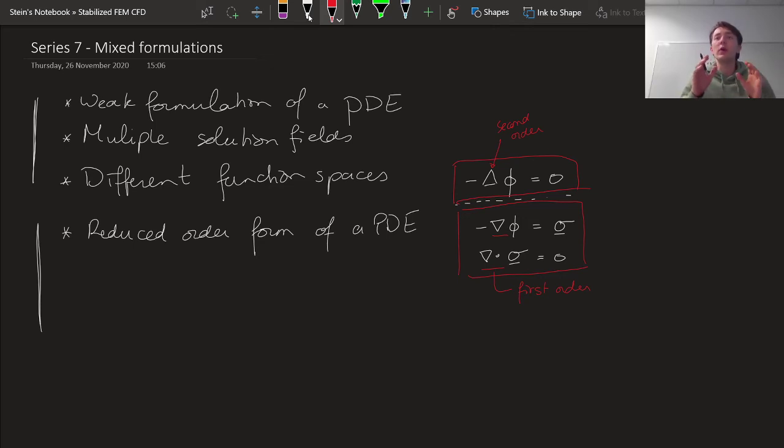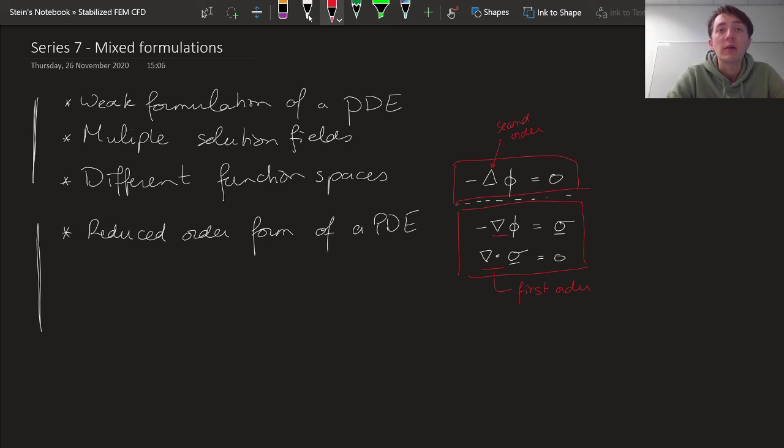If we then obtain a weak form that still has second derivatives, then we can't really use standard finite elements because we're not allowed to take second derivatives of finite element functions. At least not in the typical space of Lagrange basis functions. And so this might be a technique that you might want to use to rewrite the partial differential equation a little bit, such that now we have more variables, right? Originally we only had phi, but now we have phi and sigma.